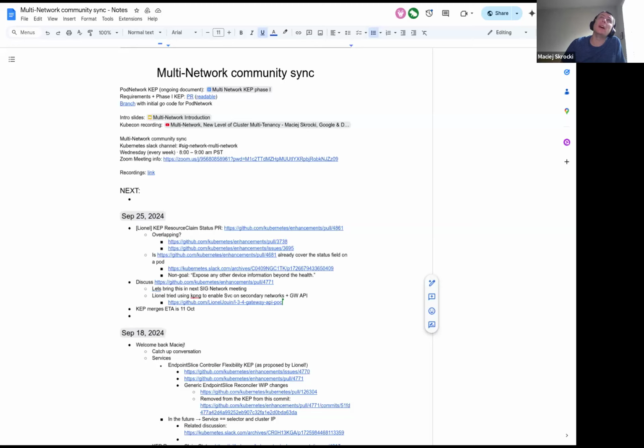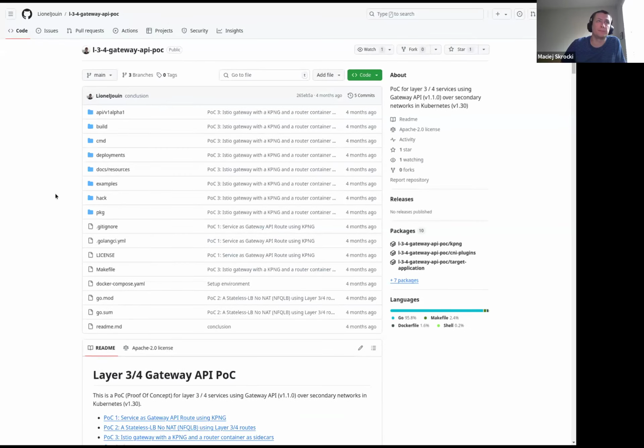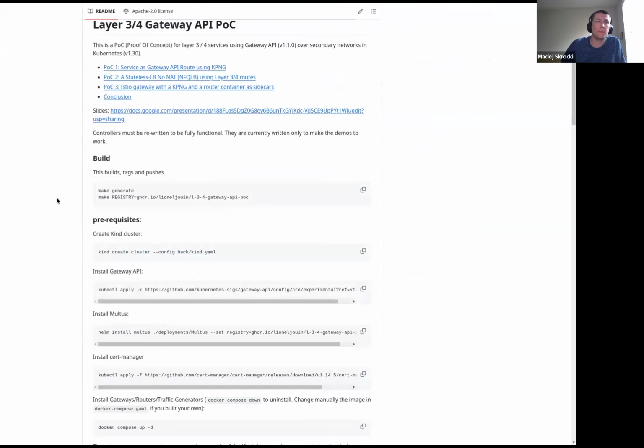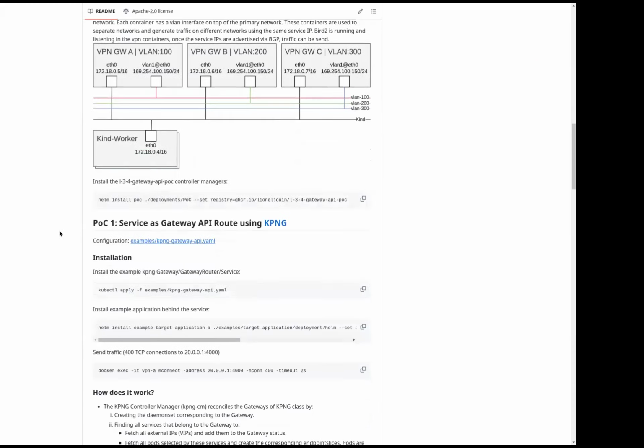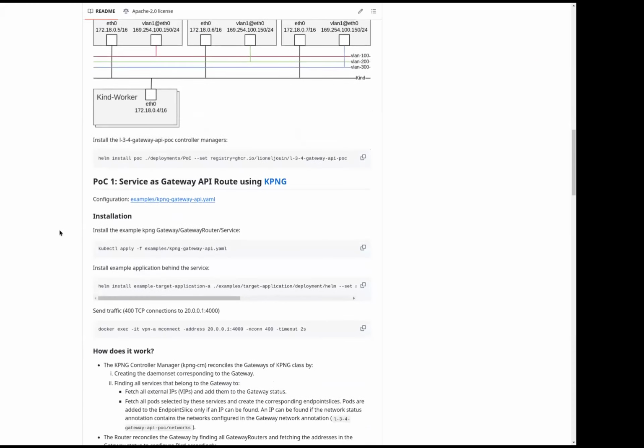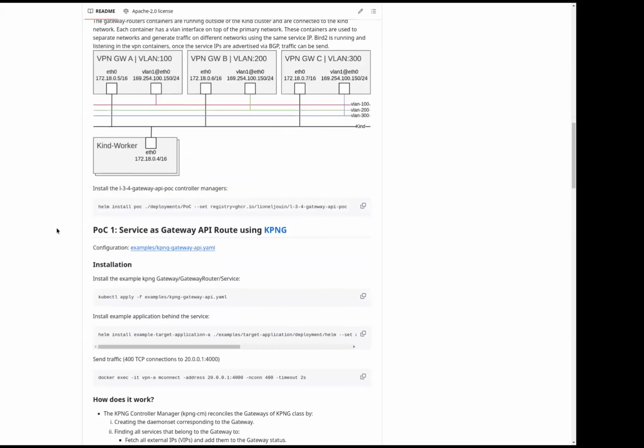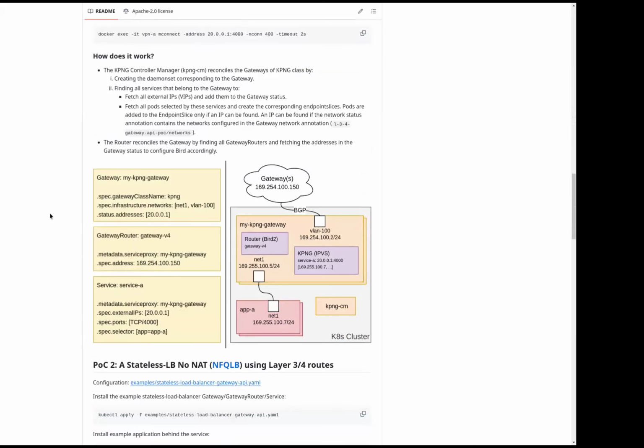So you had a cluster IP service on a secondary interface? Is that true in the POC? Well, it's more like a load balancer traffic service that was connected to a gateway or traffic generator that uses some kind of MetalLB running inside the gateway of Gateway API.